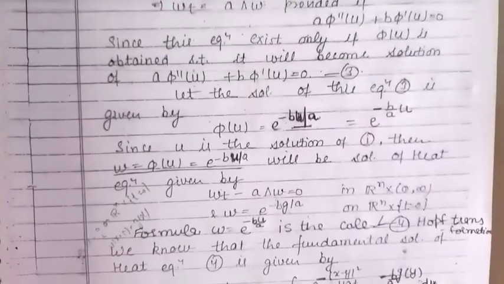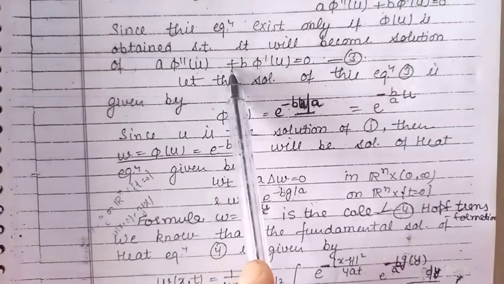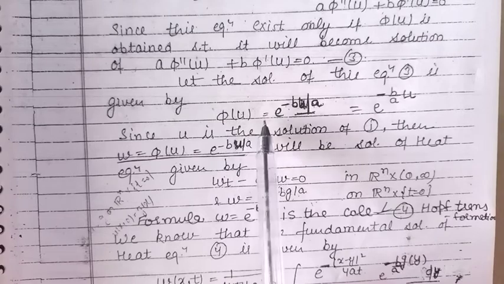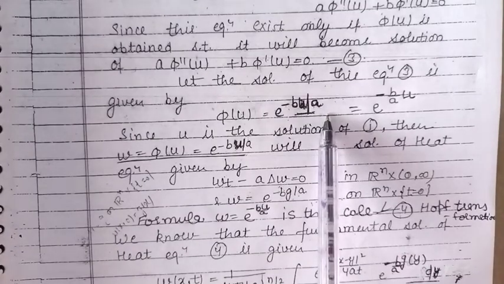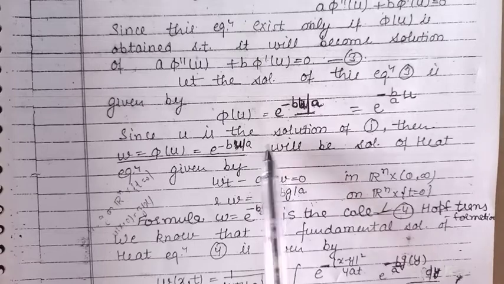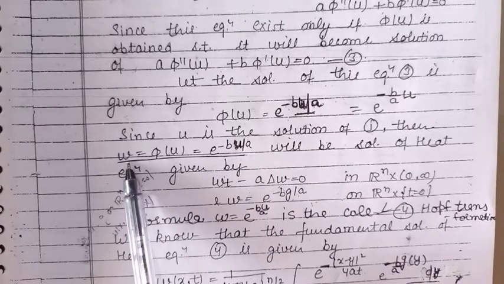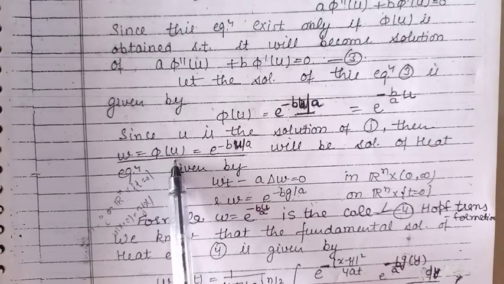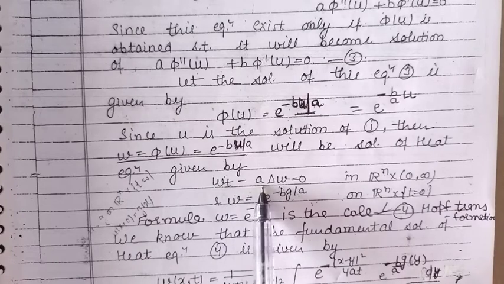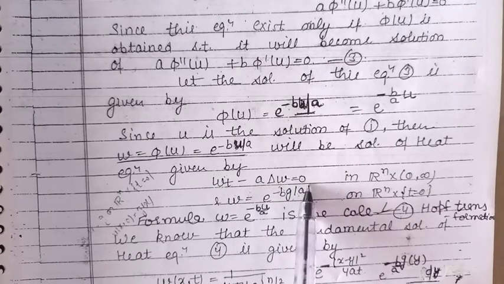Now, let us take the solution of this equation, given by phi at u is equal to e raised to the power minus b u upon a. Now, because u is a solution of the given equation, the function w, which we have defined by phi at u, will be the solution of the heat equation w t minus a into Laplacian of w is equal to 0.